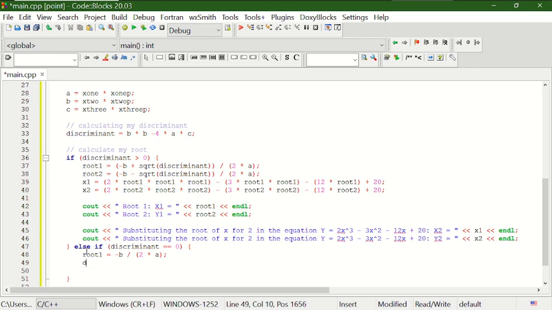So if we're doubling this, we can say Cout in double quotation, root 1, and then root 1 double.